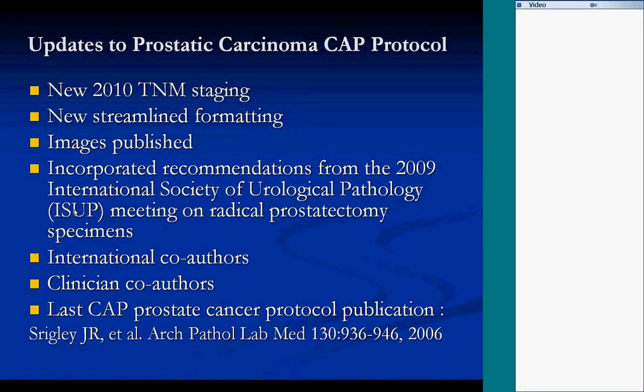This was truly an international gathering with some 116 pathologists representing 23 countries. And so those recommendations have also been incorporated into the CAP protocol.